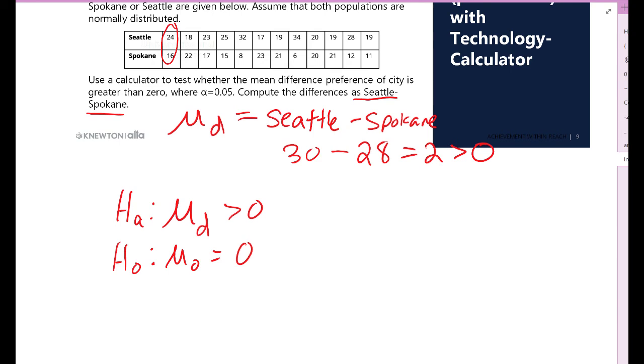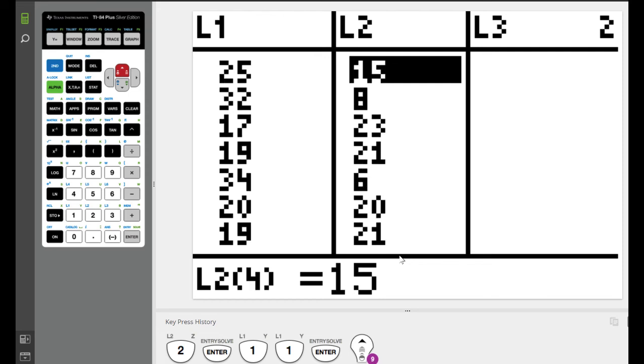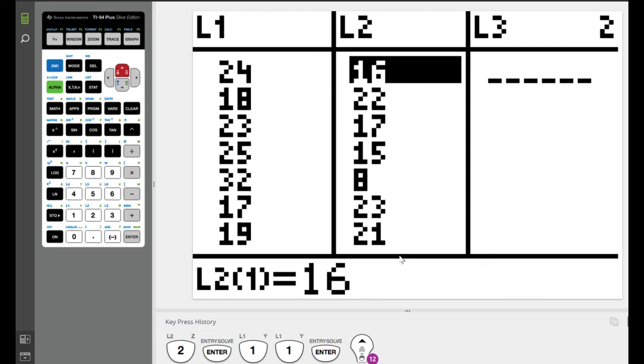In my calculator, I need L1, because that's Seattle, minus Spokane. So I need 19 minus 21, 34 minus 6, and so on. You're thinking, I don't want to do all of those by hand, one by one. Well, the cool trick is that we can calculate these differences automatically. This is how you do it.